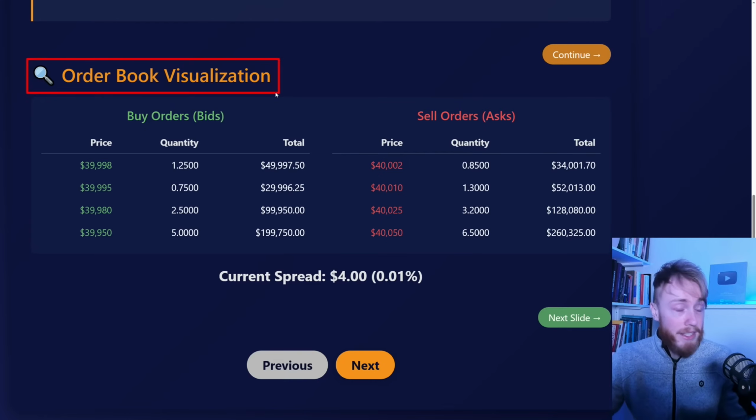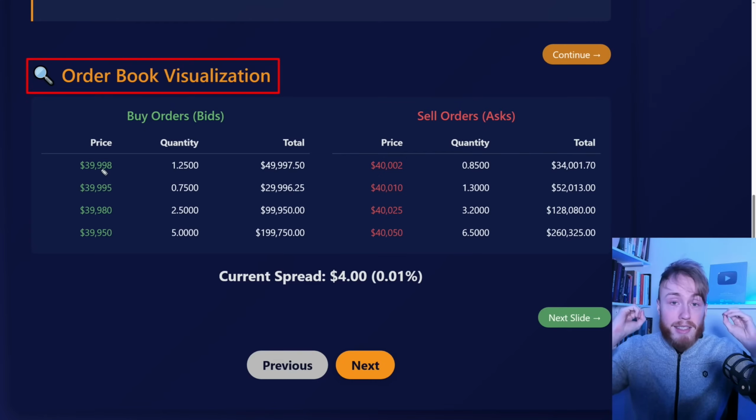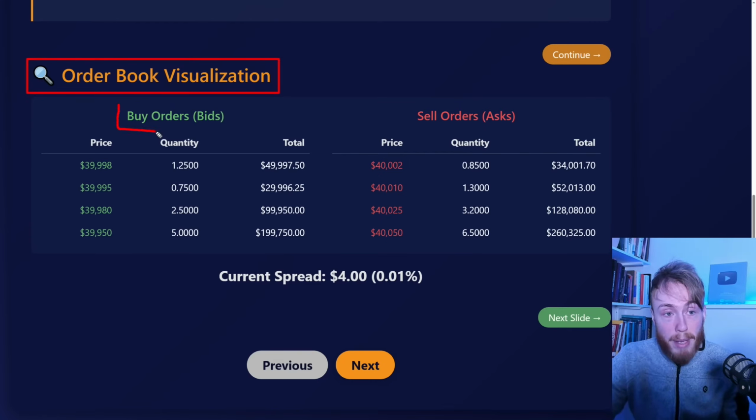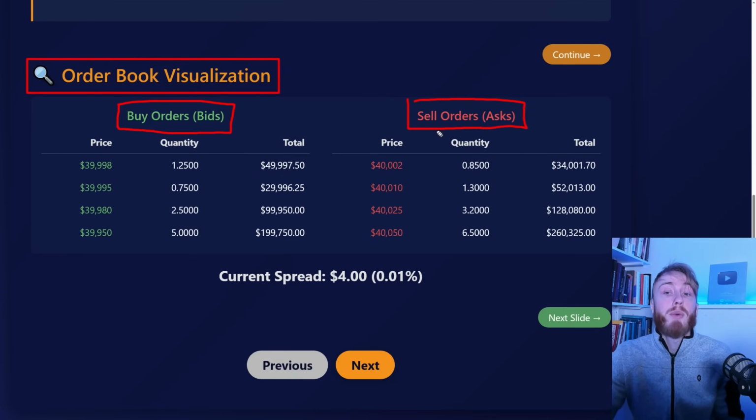So if this sounds a little bit complicated right now, I think this visualization will help clear things up. This right here is a static example of an order book. We have the buy orders, or in other words, the bids, to the left, and we have the sell orders, or in other words, the asks, to the right. In the order book, you can see the price, the quantity, and then the total amount.